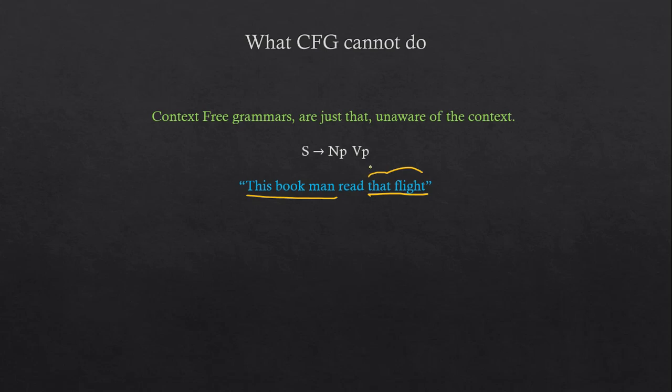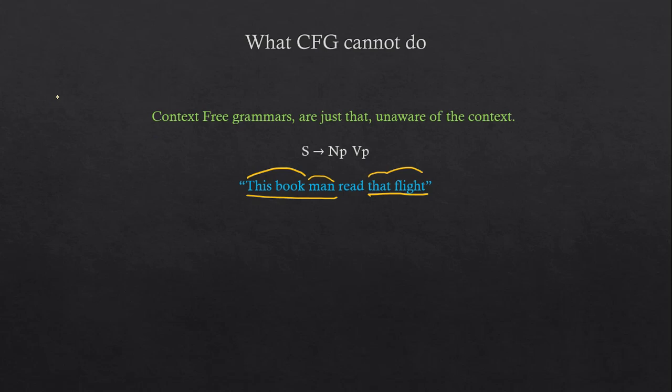So basically this part has no idea what is happening elsewhere. Even in the middle of this part, "this book" does not know that there is a man in here. So this grammar is also going to produce a lot of useless sentences, which mean nothing. Context-free grammars do not have any idea of the context, and the subparts of the tree do not know how to communicate between them.